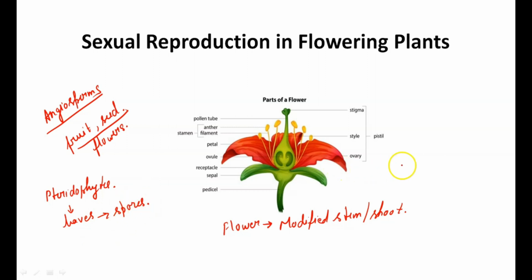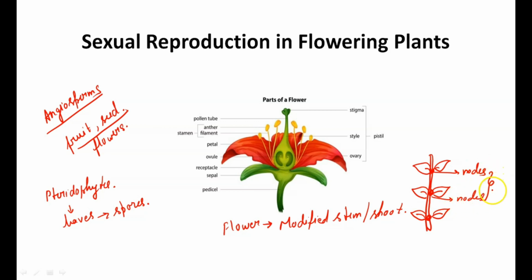So we have a plant here and it consists of leaves only, like this. The part where the leaves are attached is known as nodes. So here we can see these are our nodes, right? And the space between the nodes is known as internode, right?